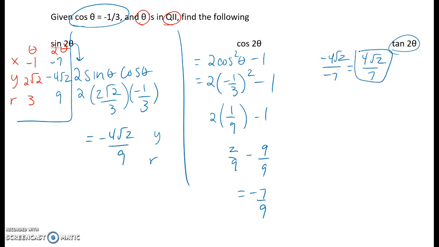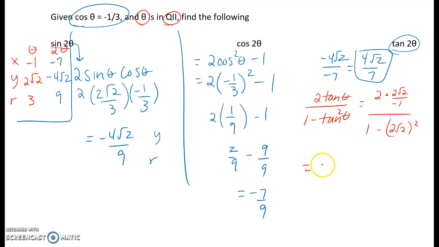Now, let's say we were to solve it the other way, using our formula. We would do 2 tan theta over 1 minus tan theta squared, which gives me 2 times 2 root 2 over -1, divided by 1 minus 2 root 2 squared.